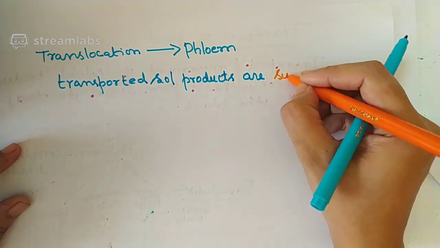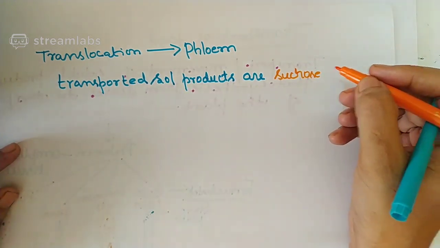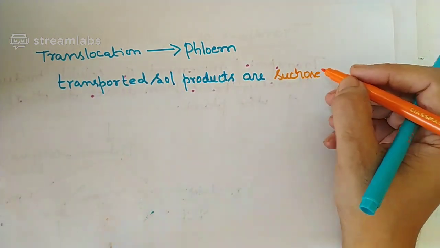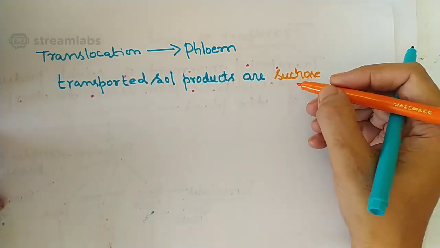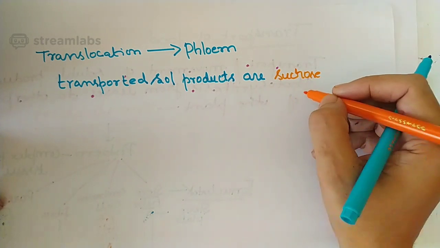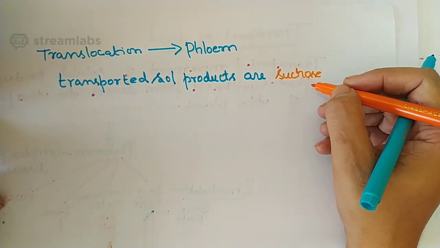Glucose is a product of photosynthesis. It is translocated in the form of sucrose. Synthesized in the form of glucose, translocated in the form of sucrose, stored in the form of starch.